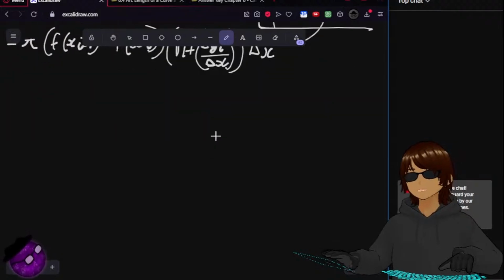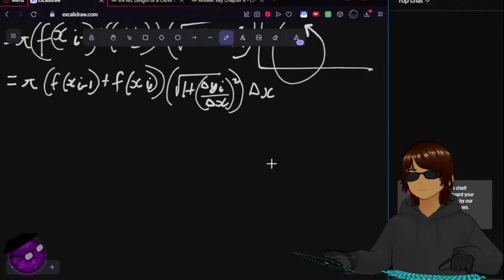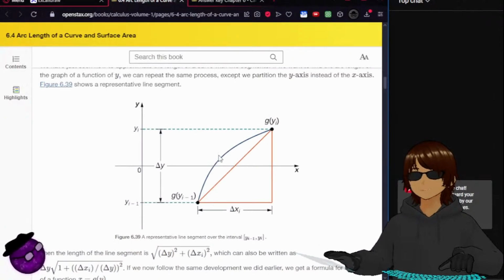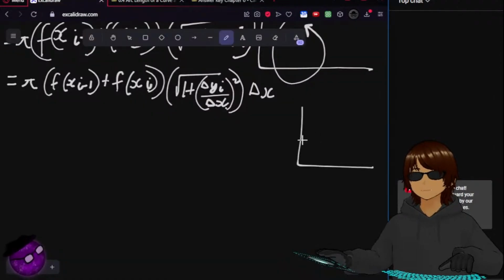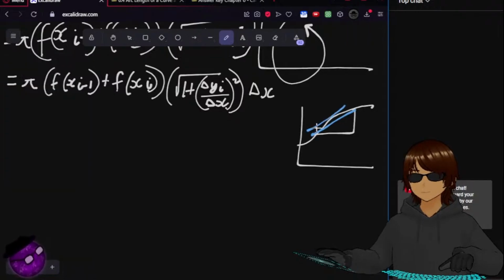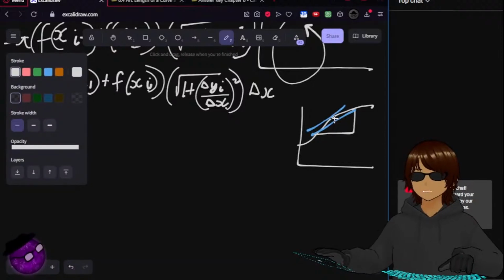And for this, according to the mean value theorem, there should be some value, let's call it xi star, where the tangent at xi star matches the gradient of this line segment.